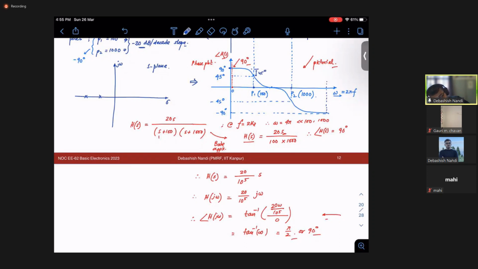Again, this was 0, this was 45, so again there is a drop of 45 degrees, right? So a 45 degree reduction in phase suggests there is a pole, and the net reduction from either side of the pole is 90 degrees.